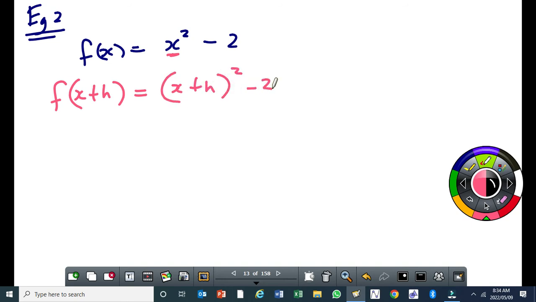Then we need to simplify that expression. At this stage, I expect everybody to be aware that x plus h squared gives you a perfect square trinomial. That perfect square trinomial will be x squared plus 2xh plus h squared minus 2.